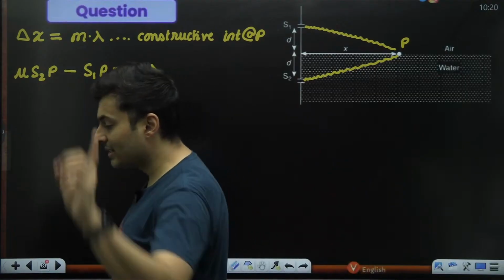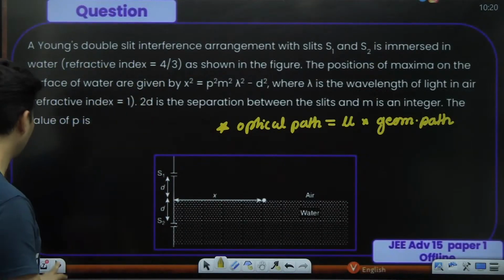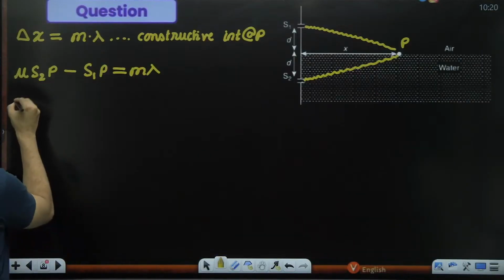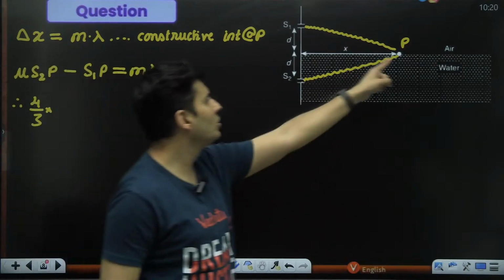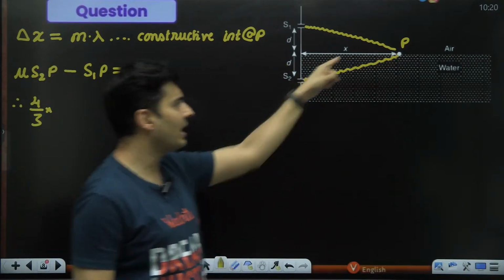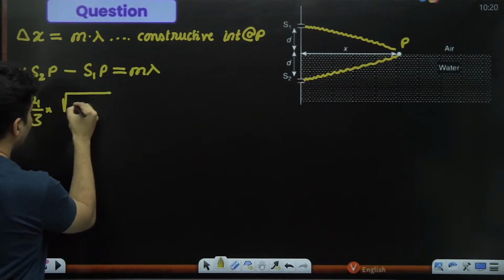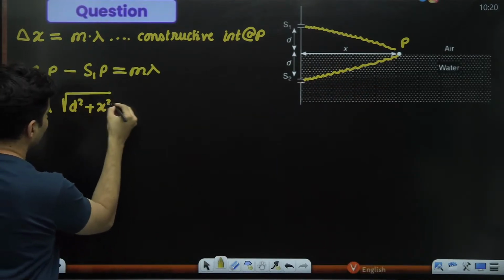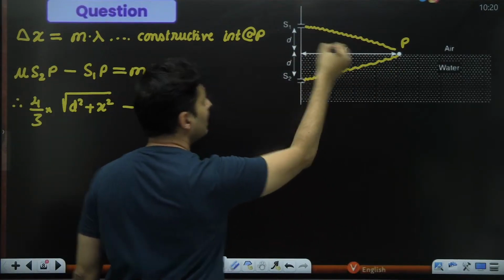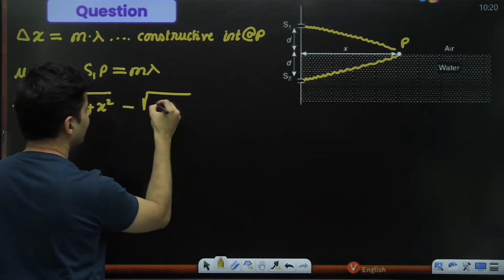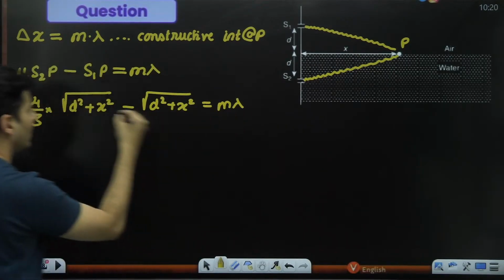Now, what is mu? Is the refractive index given to us? I think it is given somewhere. Yes, it is given to be 4/3. So let me put mu as 4/3 multiplied by S2P. It is the hypotenuse of this triangle, so I can write it as root of d squared plus x squared, minus S1P. It is also the hypotenuse of this triangle, so by Pythagoras, it is again root of d squared plus x squared, equal to m times lambda.